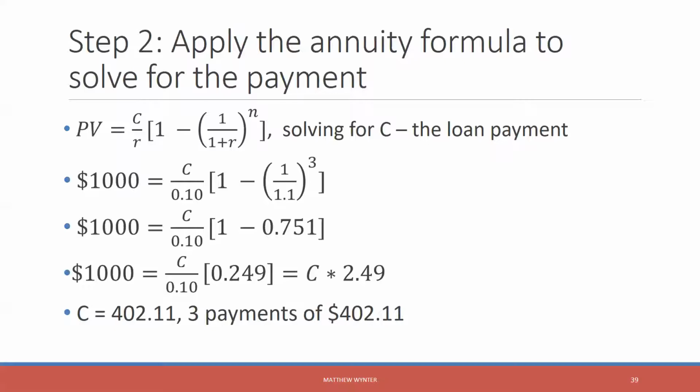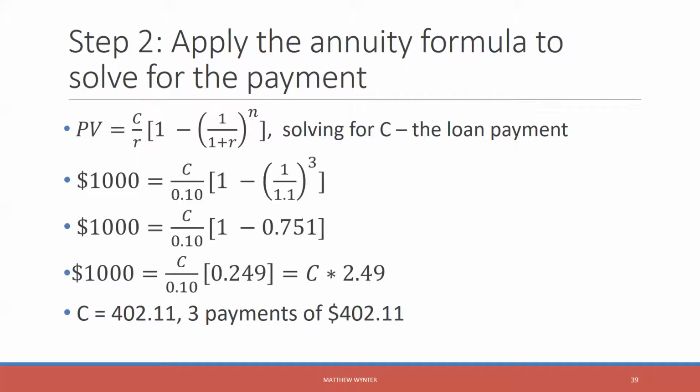When we solve that out, we've got 0.751, 1 minus 0.751, 0.249. We multiply that by our C. We bring our 10% up. We've got C times 2.49.